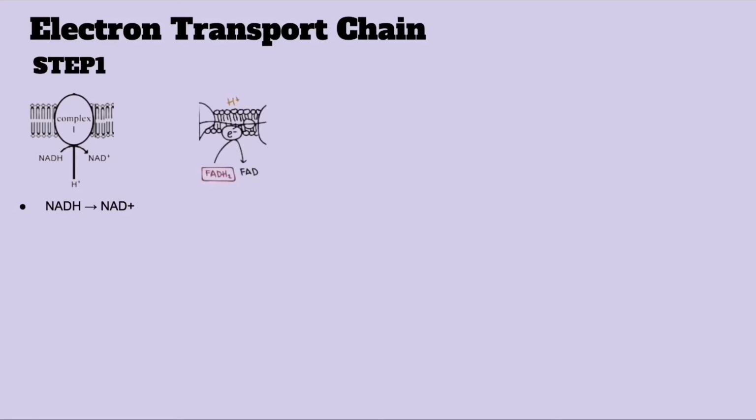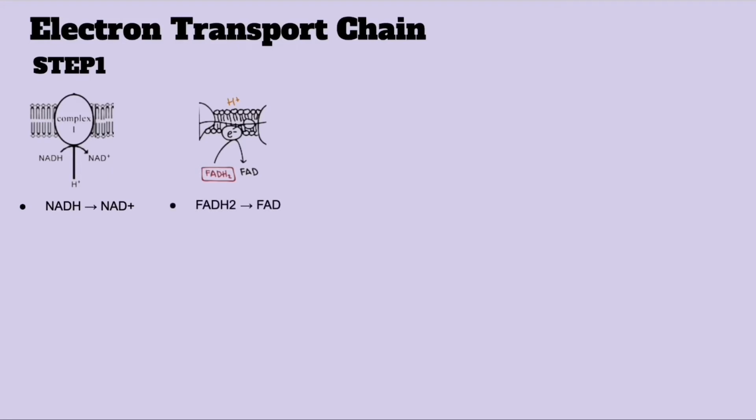The process of the electron transport chain. The first one: the NADH from the Krebs cycle will oxidize, or lose electrons, to NAD+, and the FADH2 from the Krebs cycle will oxidize and lose electrons to FAD.